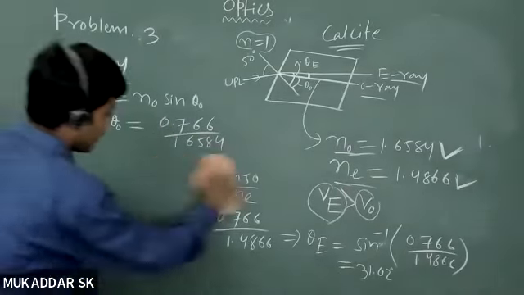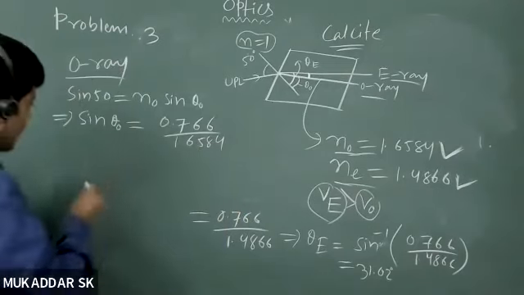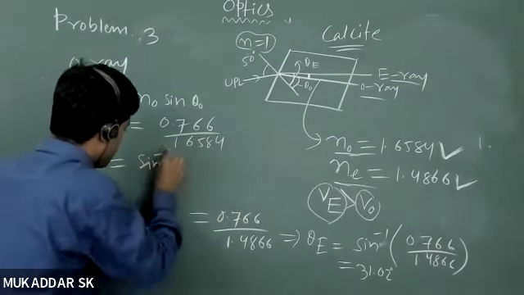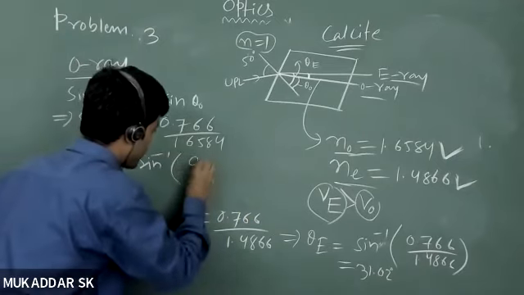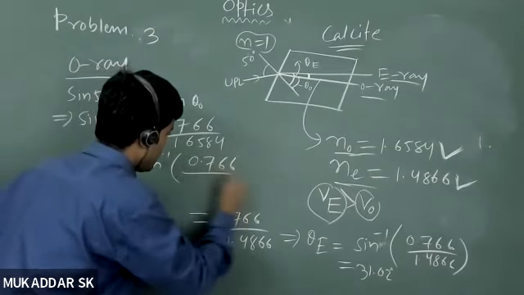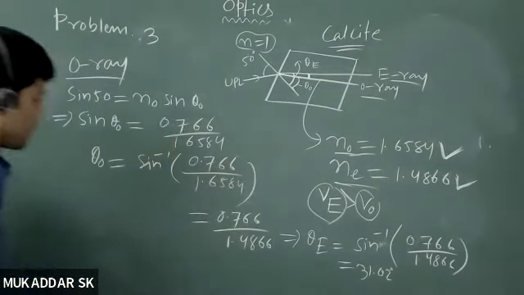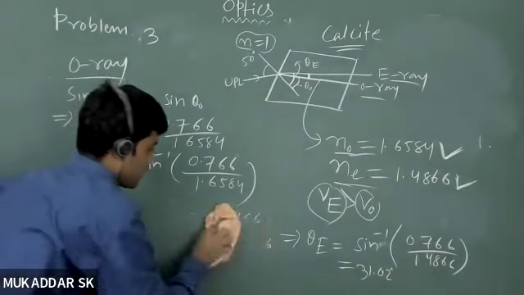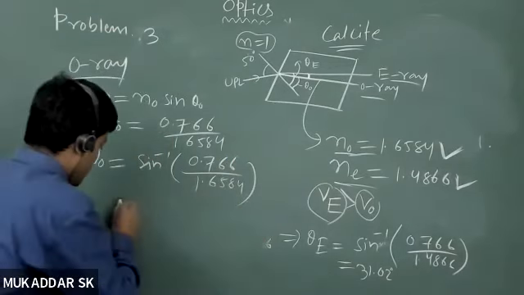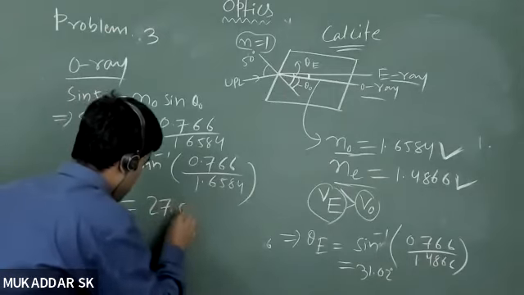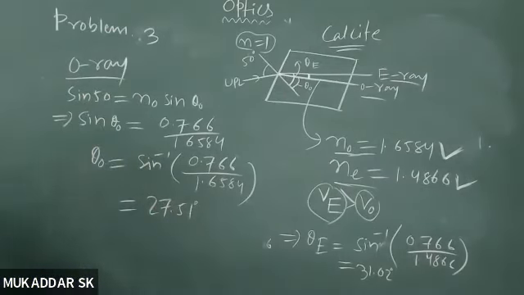If we calculate theta O from here, sine inverse of 0.766 divided by 1.6584, I have calculated, you will get 27.51 degree.